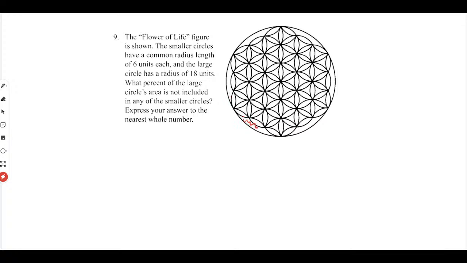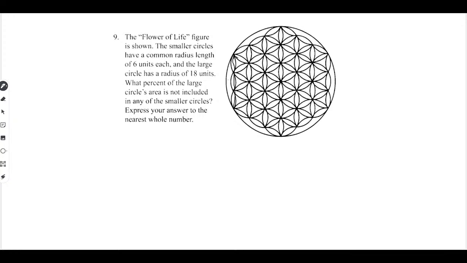These parts are the ones not included in the small circles. When we have something like this, we want to express it in terms of areas that we can find, because this area we obviously don't know directly. So let's just look at this one.